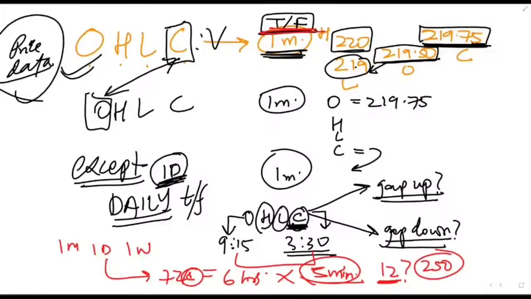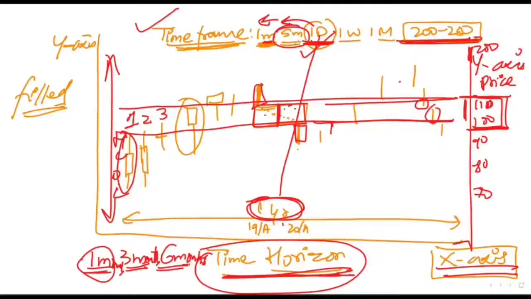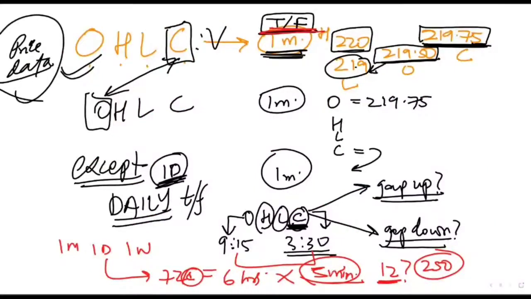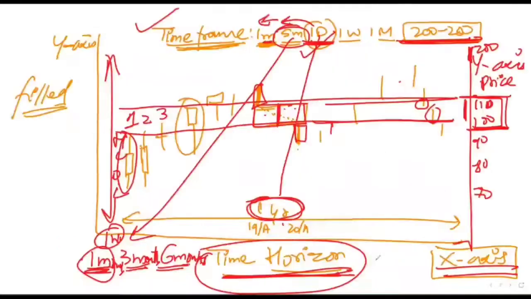So if you choose a 5-minute candle, the time horizon will become 1 week, not even 1 month. In 6 hours you will have 72 candles, so in one screen you cannot fit more than 4-5 days of trading sessions, which means around 1 week.